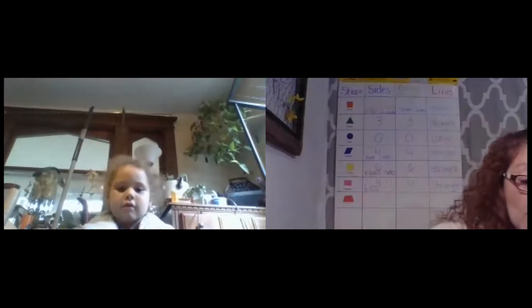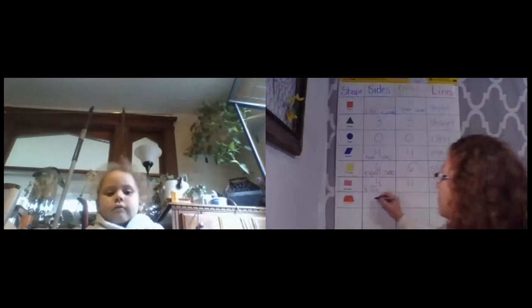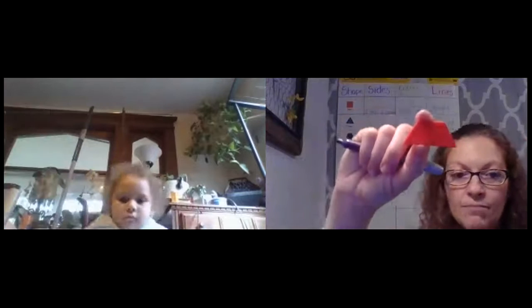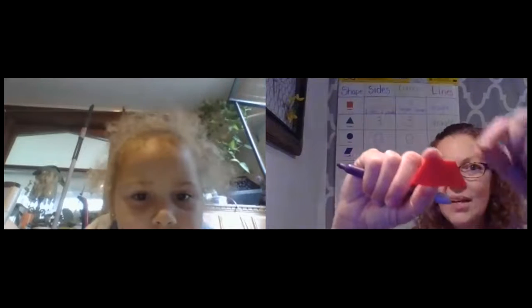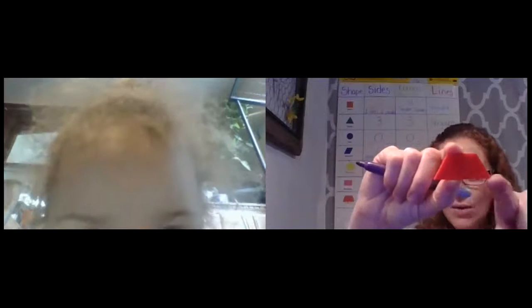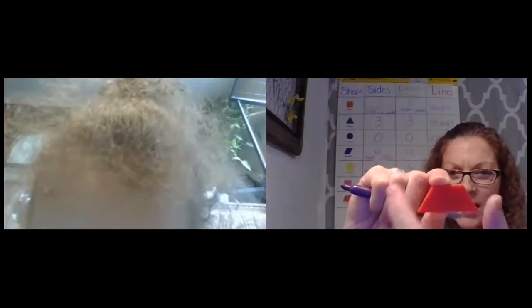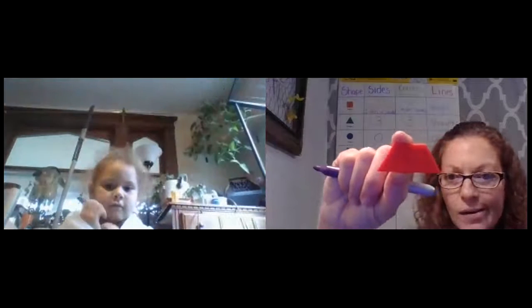Nice job. We're going to take a closer look at these sides. I see a long one down here and some ones that are angled. They're diagonal right here. And then a short one right there.